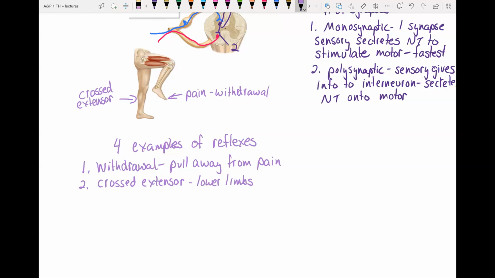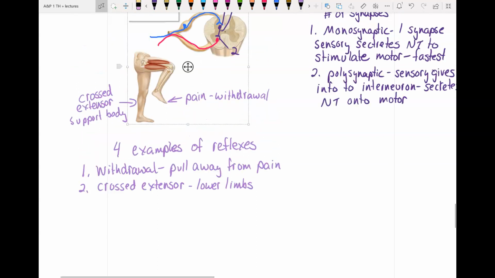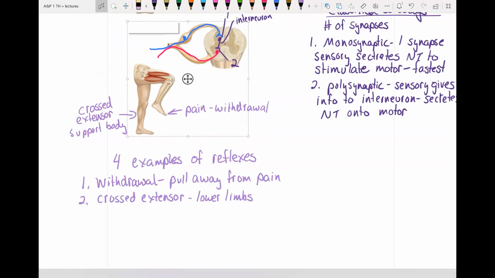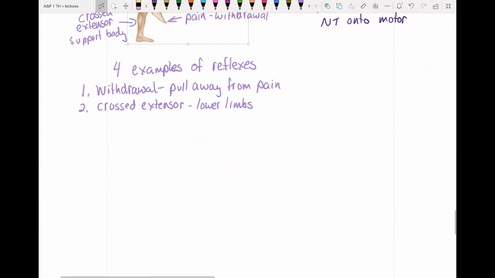It has to support your whole body. If you didn't have the crossed extensor, you would fall down. So crossed extensor occurs in your lower limbs, and it is when one leg supports the body while the other has a withdrawal reflex.